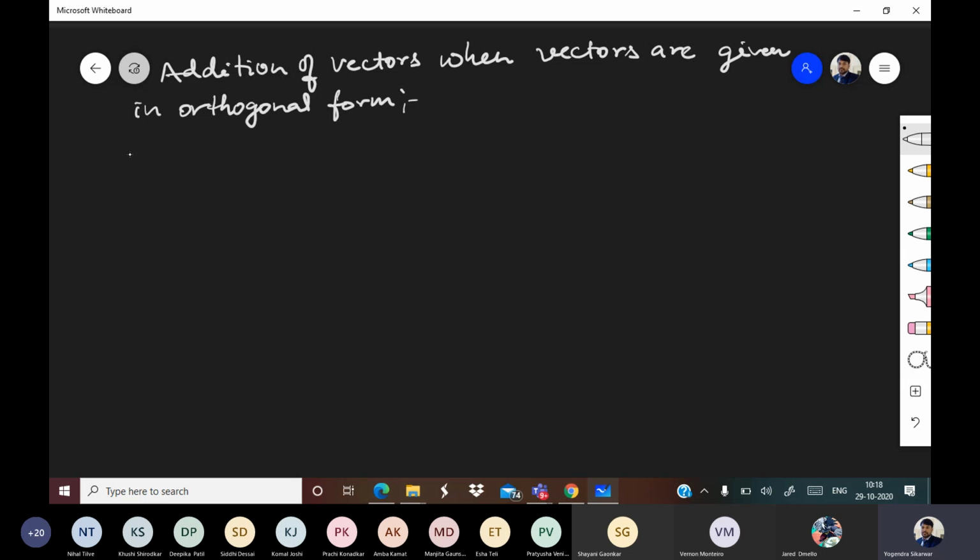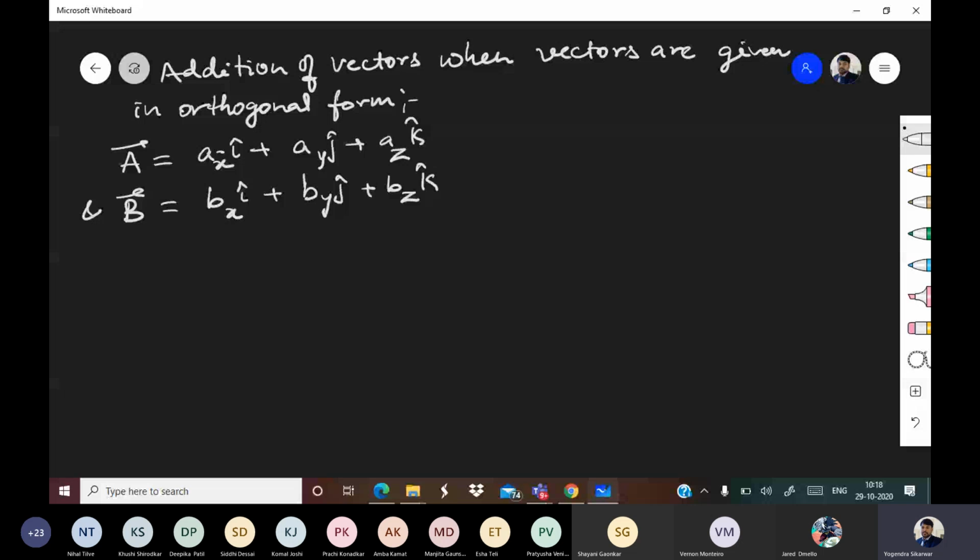So suppose a vector is equal to ax i cap plus ay j cap plus az k cap, and b vector is equal to bx i cap plus by j cap plus bz k cap. If a vector and b vector are two vectors, then a vector plus b vector will be very easy.